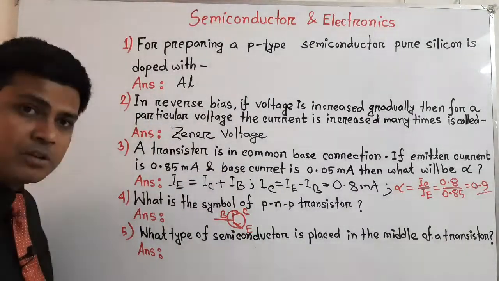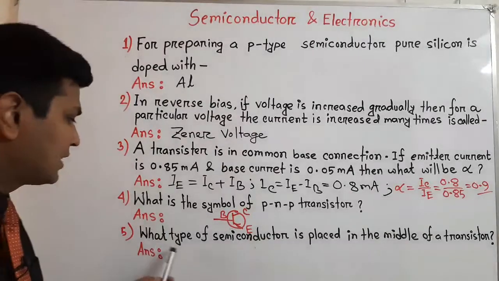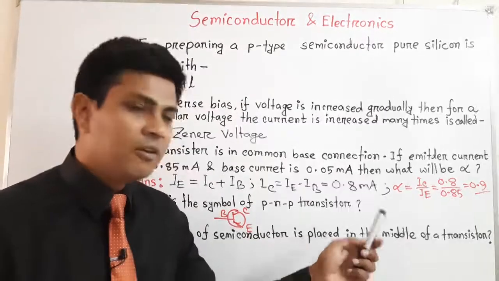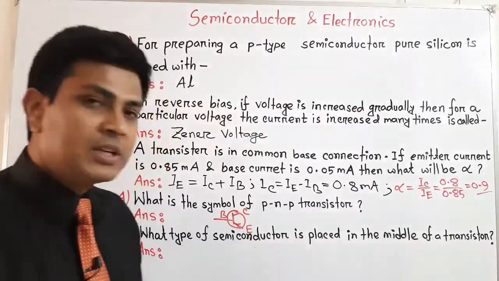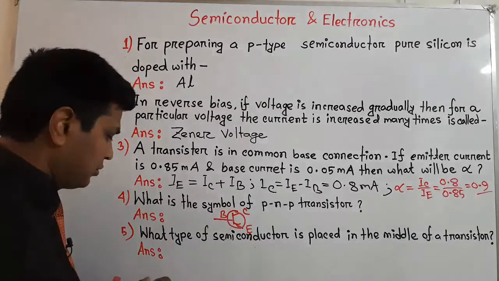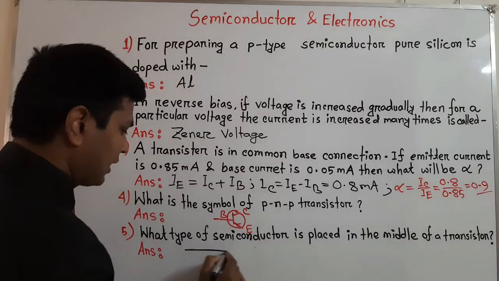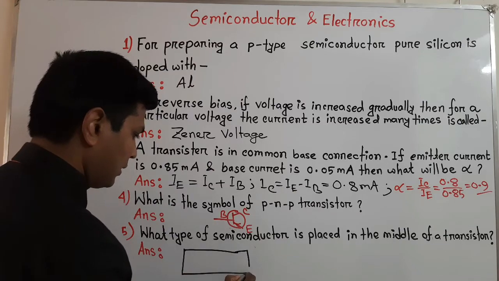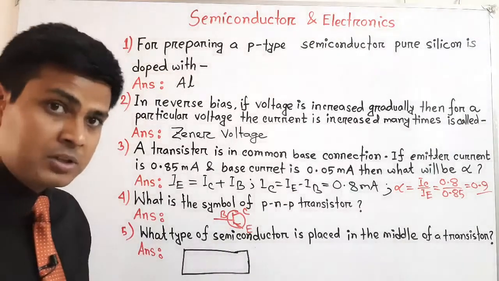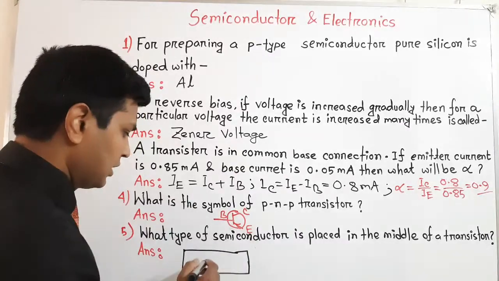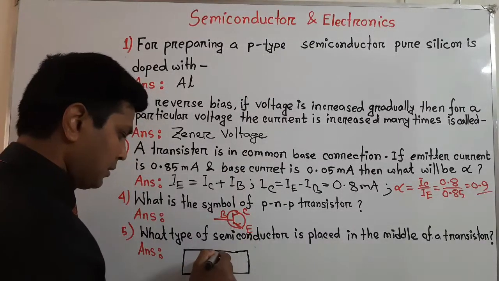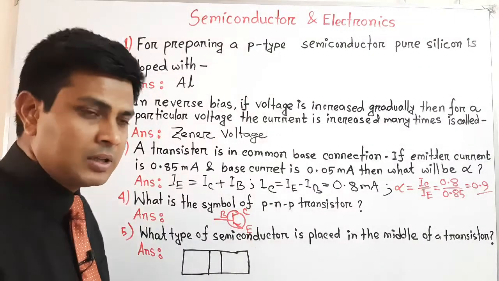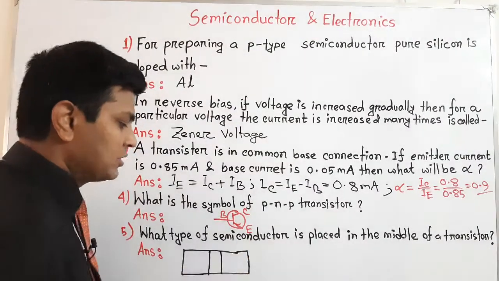Now question number 5. The question is, what type of semiconductor is placed in the middle of the transistor? If you see the block diagram of an NPN or PNP transistor, then you can see that in between two same semiconductors there is an opposite semiconductor.